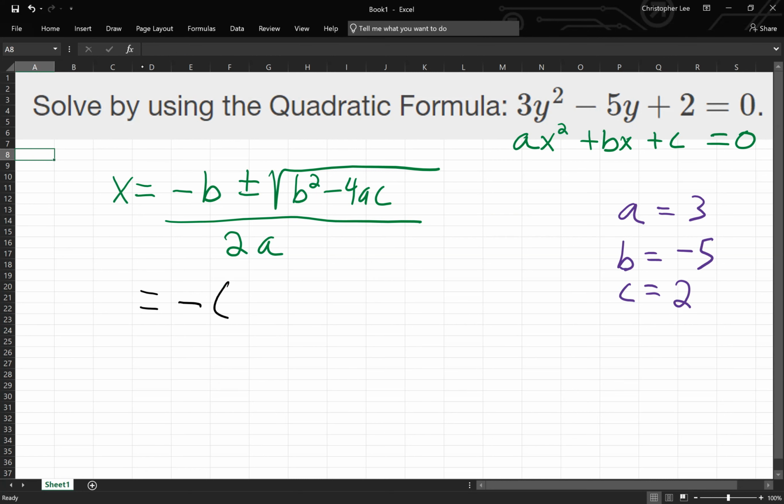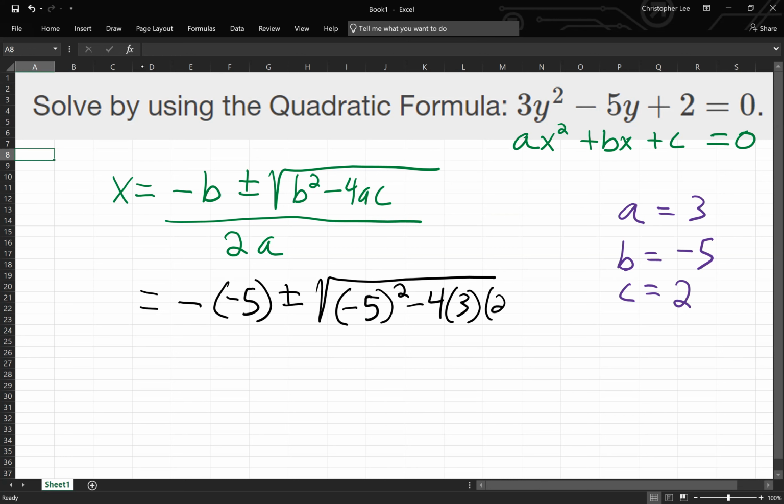I'm going to have negative of -5 plus or minus the square root of -5 squared minus 4 times 3 times 2, all divided by 2 times 3, because that's a, all right?